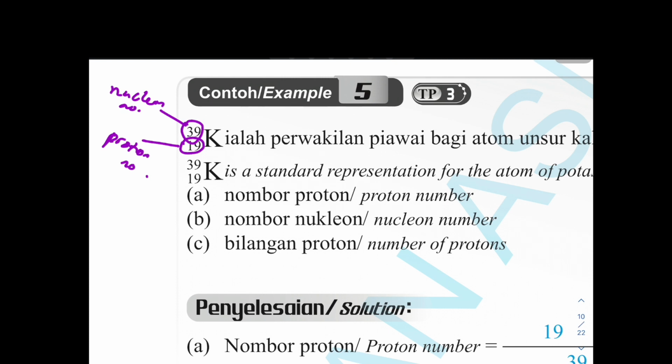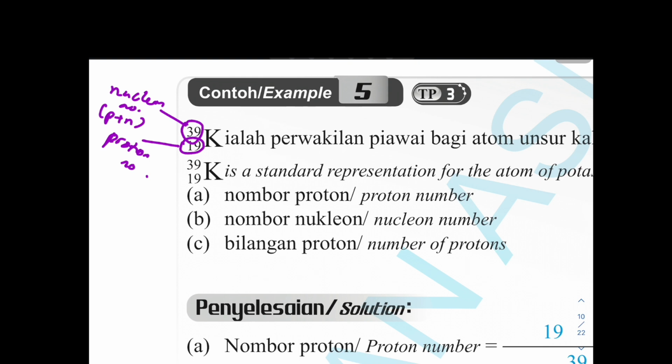Right. So from this standard representation, we know the nucleon number and also the proton number. If we want to find number of neutron, also can. If you remember, nucleon number is the total number of proton and neutron in the nucleus of an atom. So if you want to find the neutron, you can use this equation.